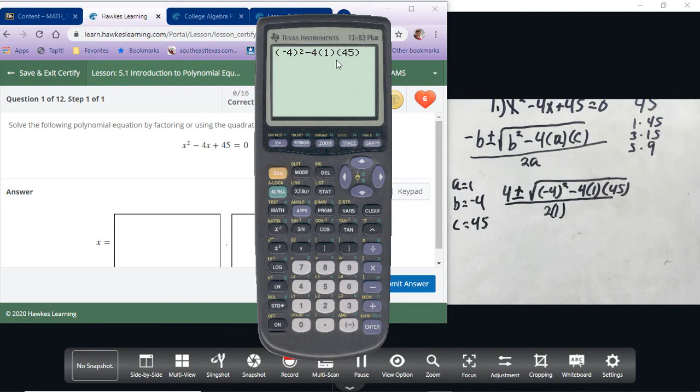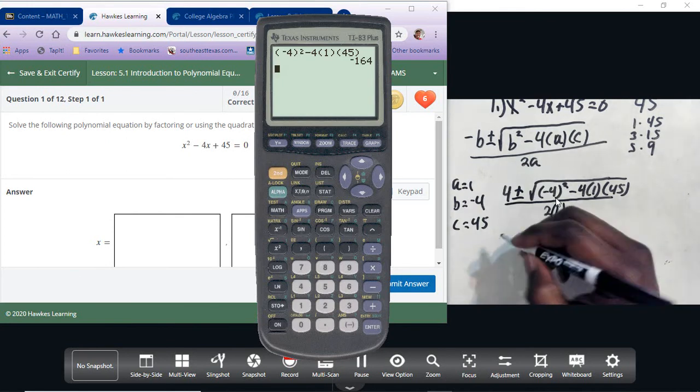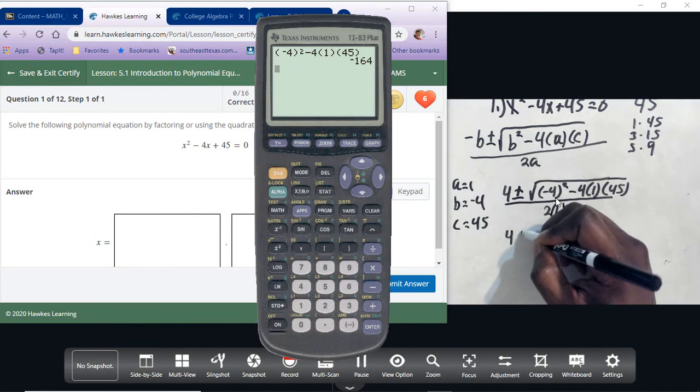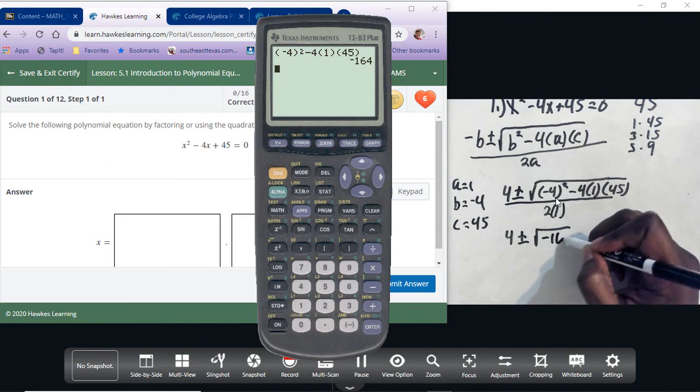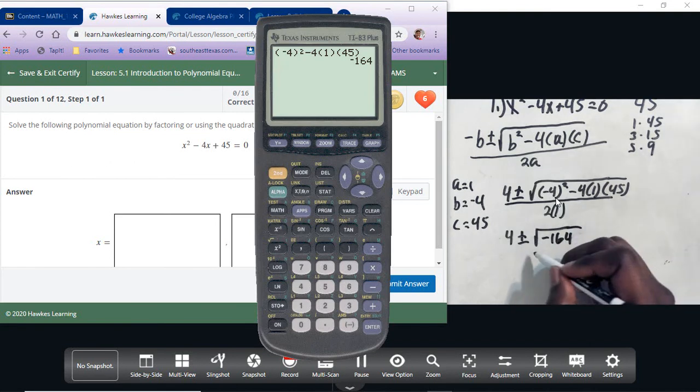We're going to let it compute this for us. Double check, make sure you got everything in correctly. And then we'll let it compute. So underneath the square root, we get a negative 164. So this simplifies to 4 plus or minus the square root of negative 164, all divided by 2.